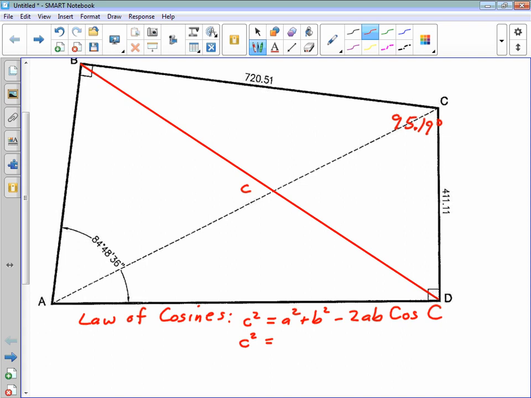We do know 720.51 squared plus 411.11 squared minus 2 times 720.51 times 411.11. I need a little bit more room.